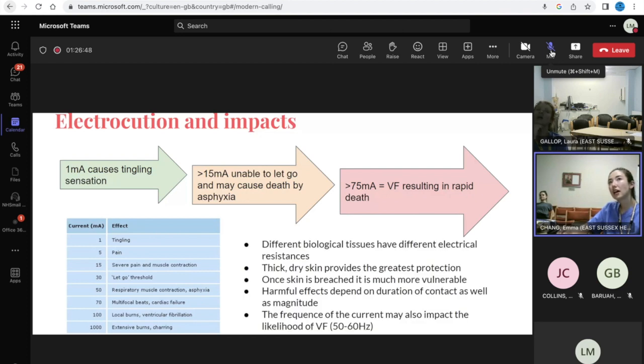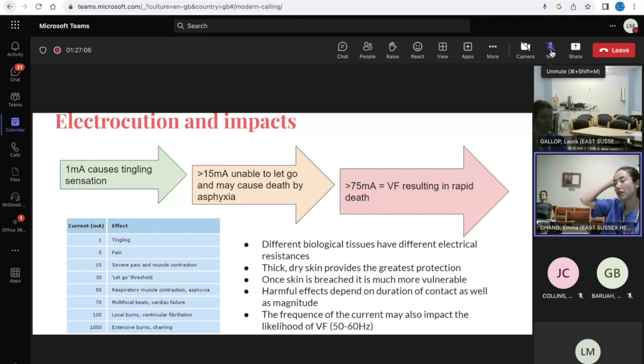Also, different biological tissues have different electrical resistances. For example, the soles of our feet, if we have callused feet, which I do, provide quite a lot of protection. But once the skin is breached, it becomes much more vulnerable.